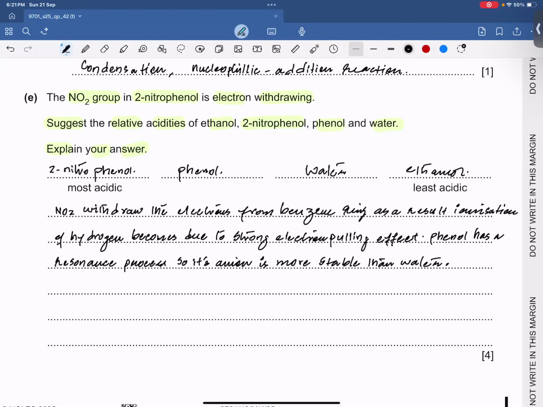Ethanol has an alkyl group, due to which it has a positive inductive effect.